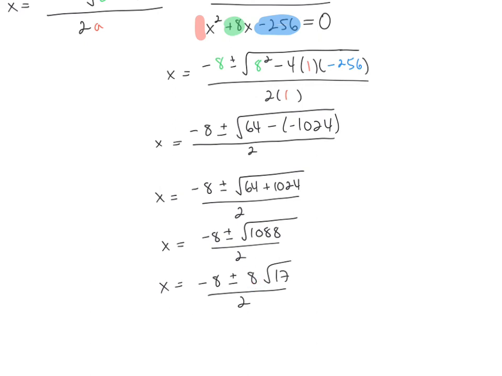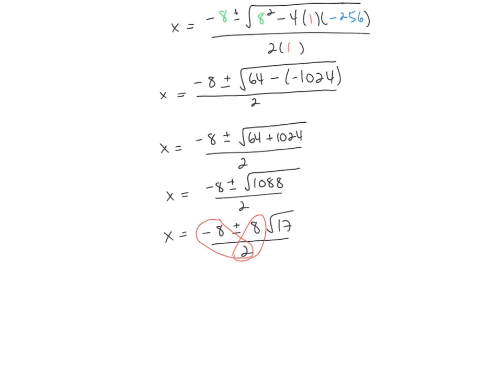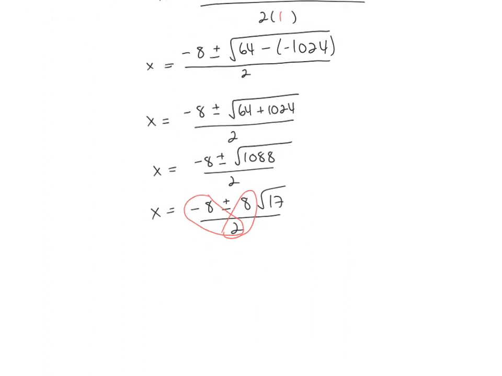So I can do one last step, which is to simplify by dividing all of the terms in the numerator with this positive 2. And here is what we get. We get that x is equal to negative 8 divided by 2 is a negative 4, plus or minus 8 divided by 2 is just a 4 times the square root of 17.